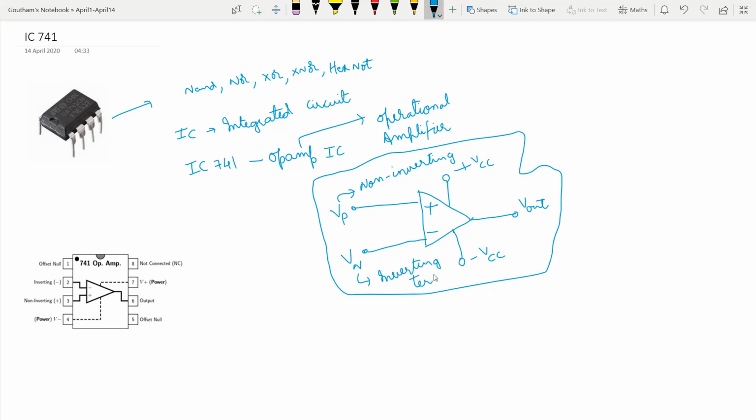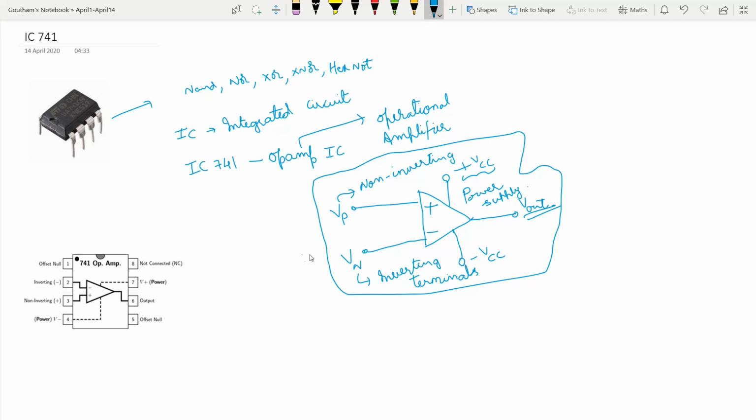Any op amp would have these inputs and outputs respectively. Vout is where you collect the output, and plus VCC and minus VCC is where you power the IC up. It cannot work without powering it up, so this is the power supply. It has a dual power supply rail, that is, you apply plus VCC and minus VCC.